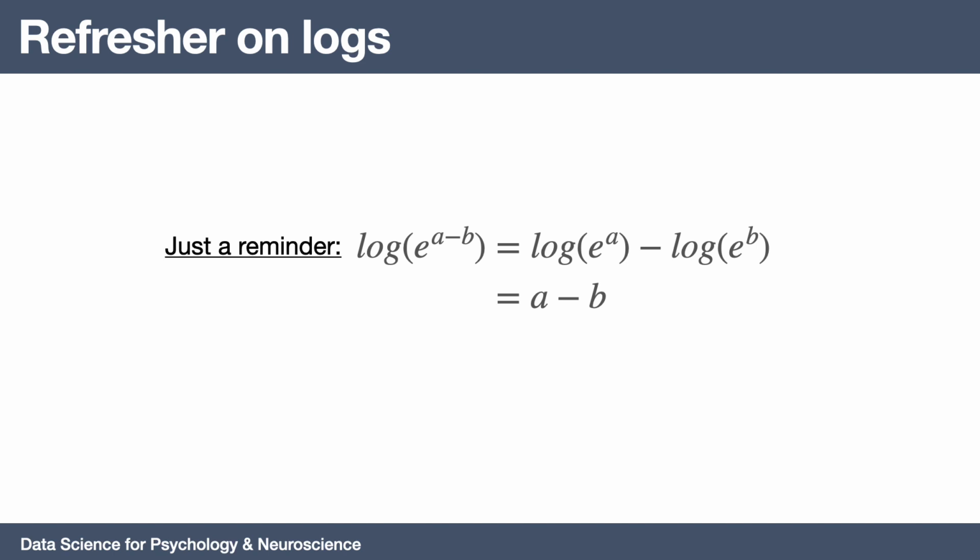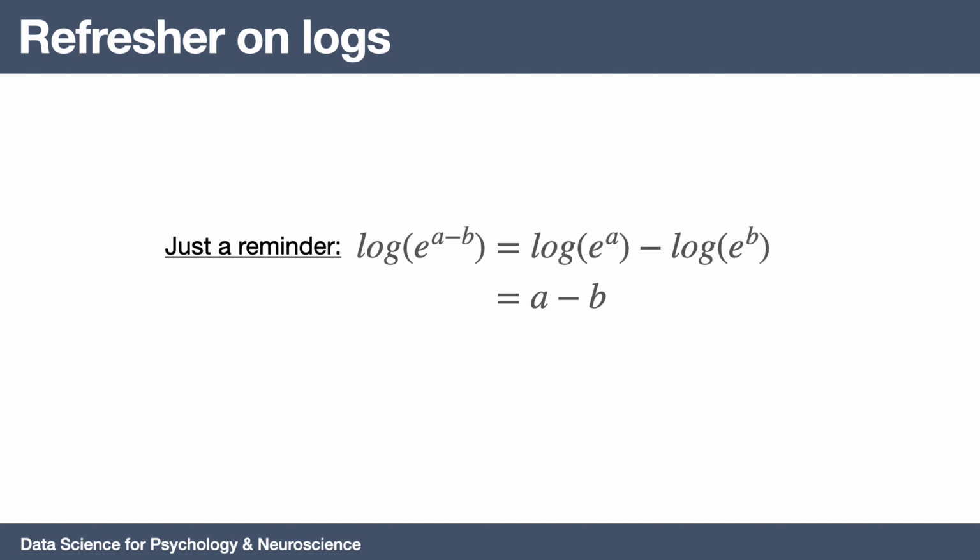Now, before I get into details on this proof, I just want to do a refresher from algebra on logs. So remember that the log of an exponential with terms a minus b is the same thing as log of the exponential a minus the log of the exponential b, which just comes down to a minus b.